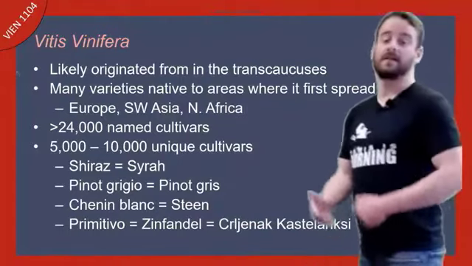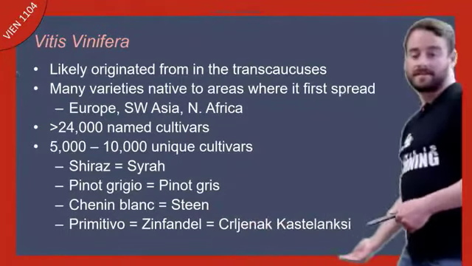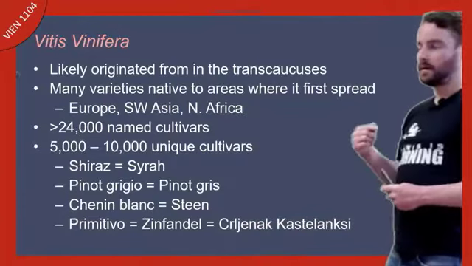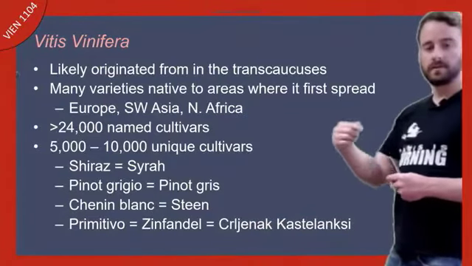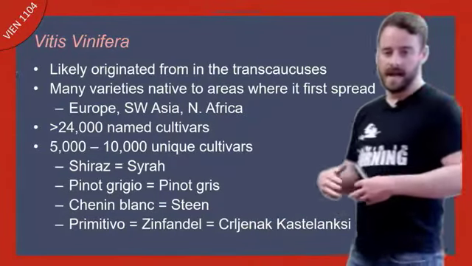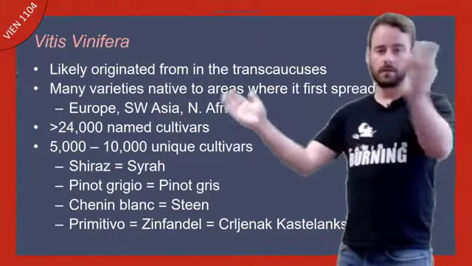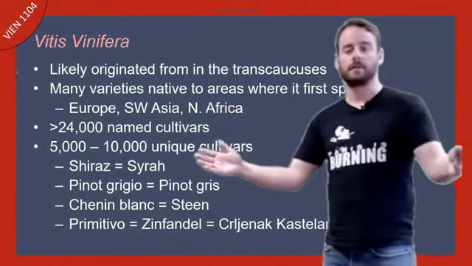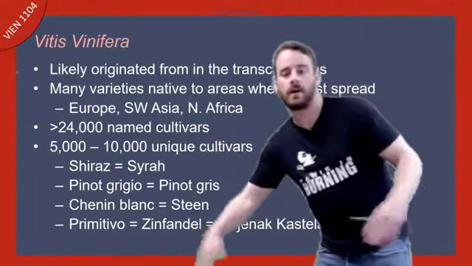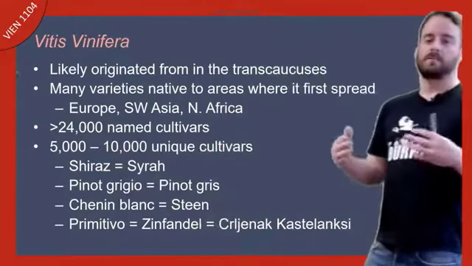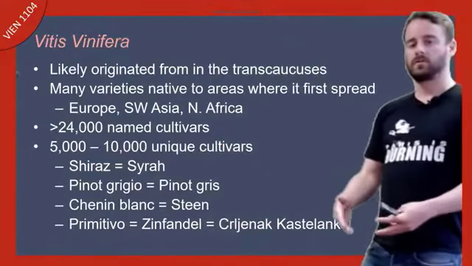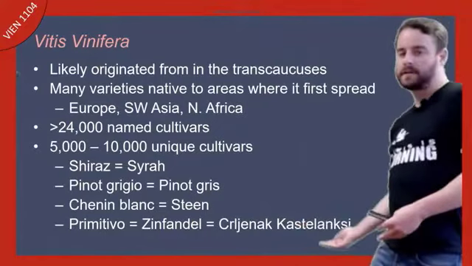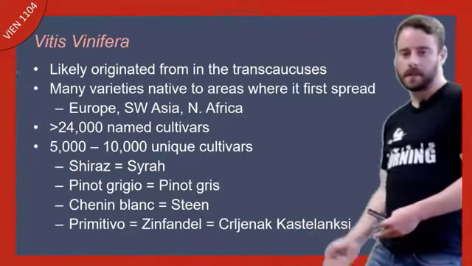So the reality is Crljenak Kaštelanski probably moved to Italy, and then the Italians went nuts with it and planted a lot of Primitivo. They started calling it Primitivo and started planting it, and that's where people thought Primitivo was native to Italy, but the reality is it's probably native to Croatia.